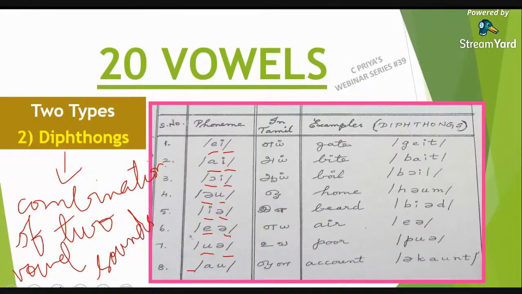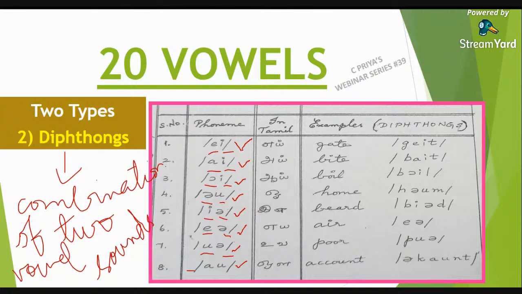Right? So when we combine these two different sounds, what sounds do we get? We get A. This is what is called A, I, O, E, A, over, ow.